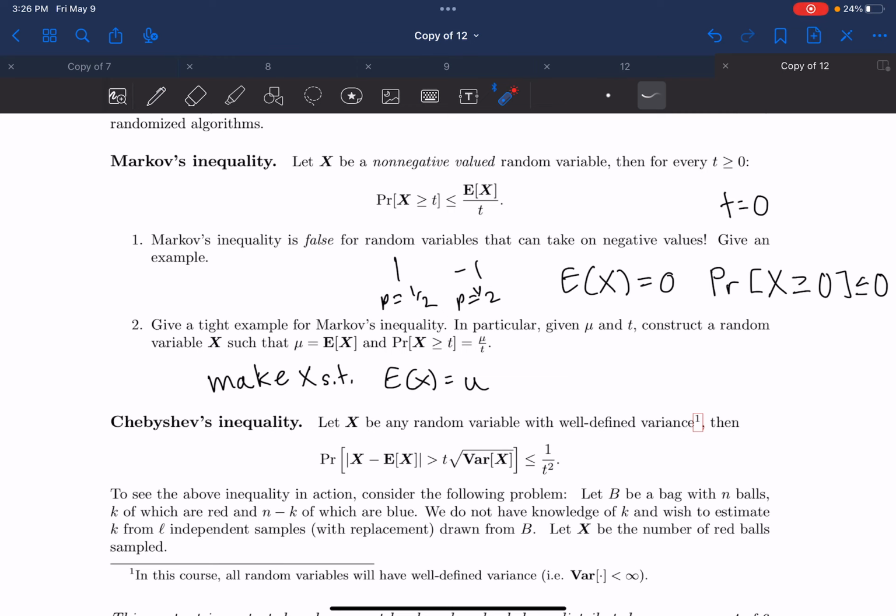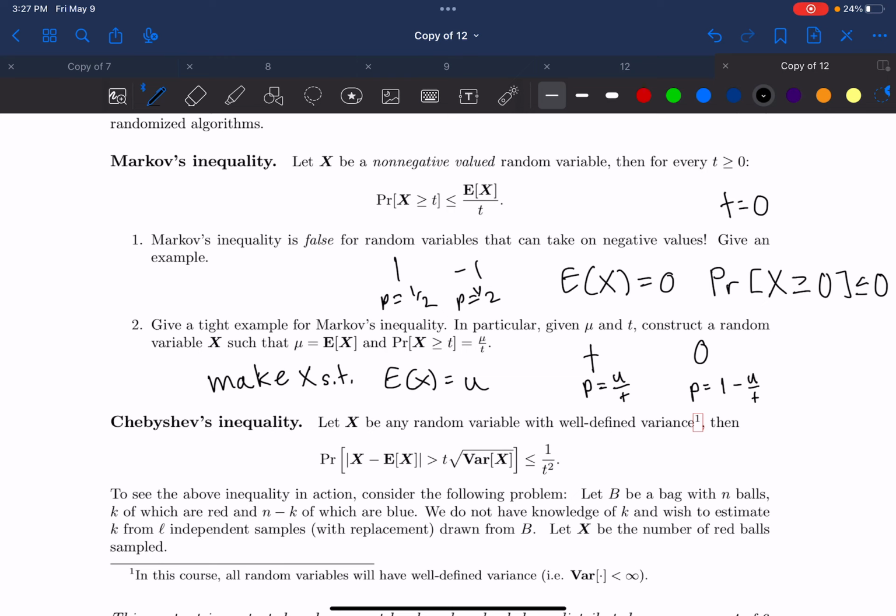Effectively, we are mostly focusing on the expected value of x being equal to mu. There are many ways to do this. One way we're going to choose is to have our random variable be equal to t with probability mu over t, and then 0 with probability of the rest, which is 1 minus mu over t.